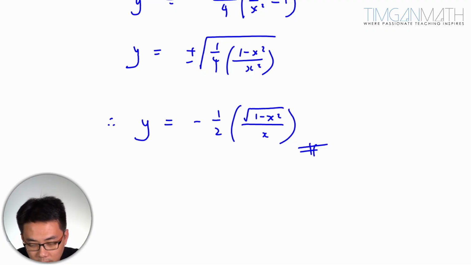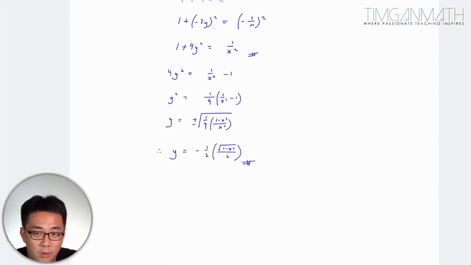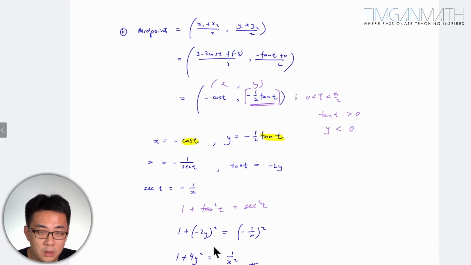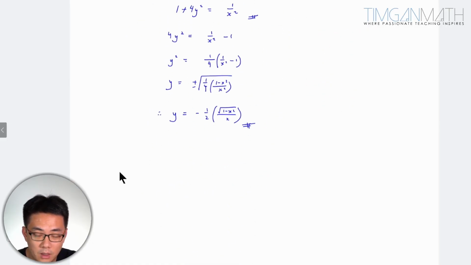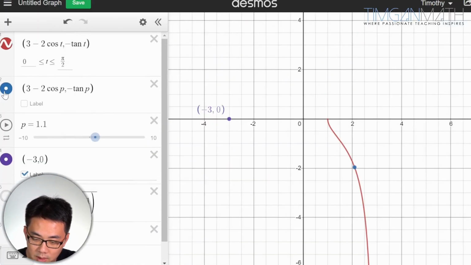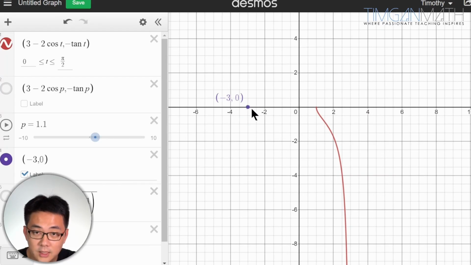Now the problem here is I'm not sure how particular they want it to be, because on the graph the x has to be negative, because this has to be negative. You see this x here is negative. So when we plot it out, this is the parametric form, and you want to find the midpoint between this point and this point.